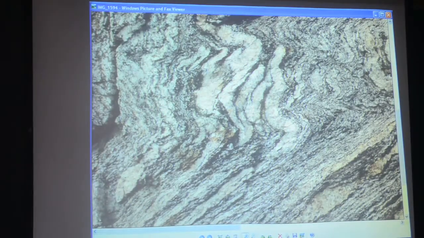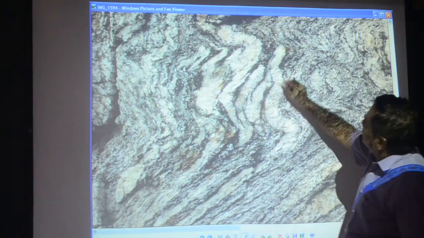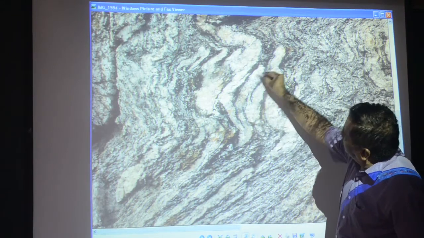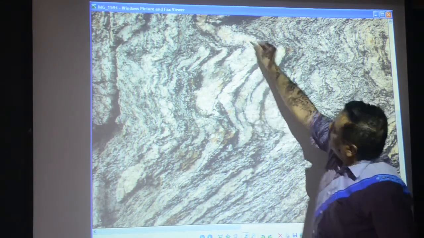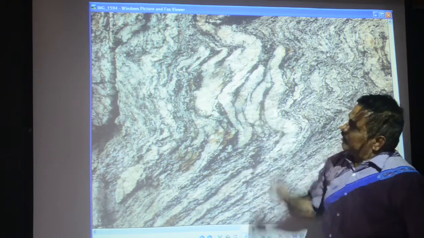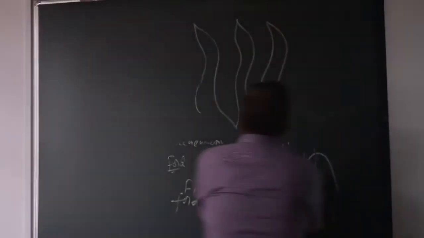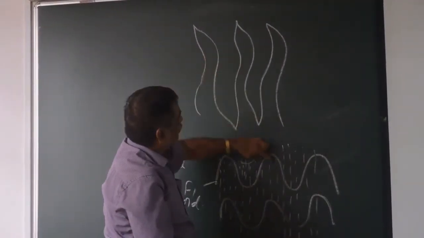It goes like this, comes back, again from there it goes like this and goes out. These folds have been modified to this form.